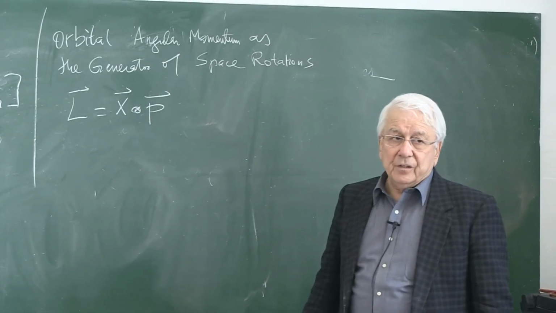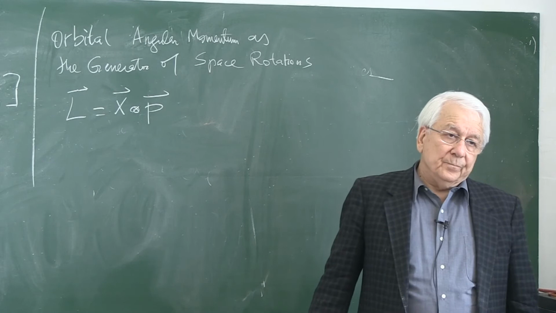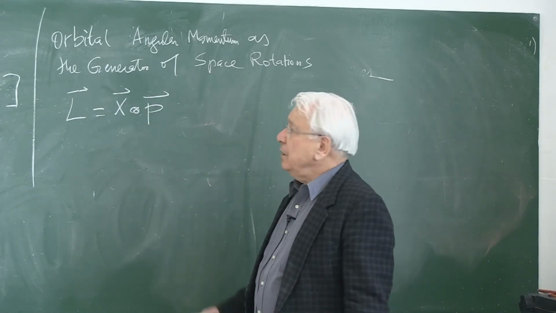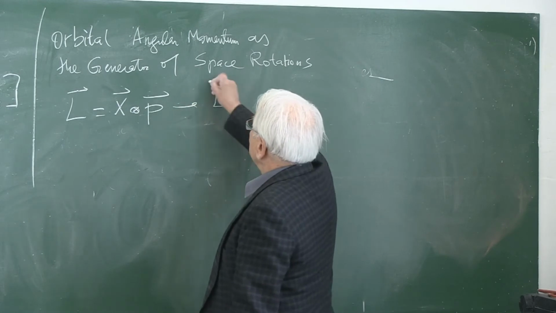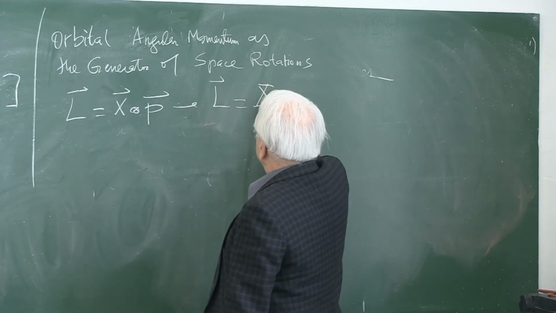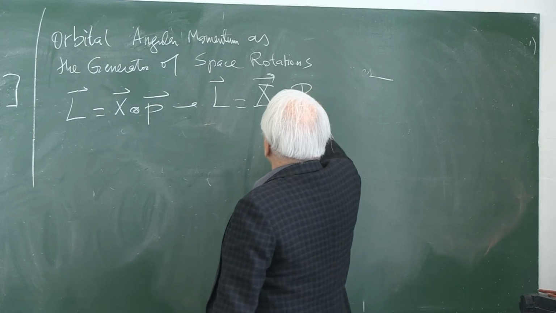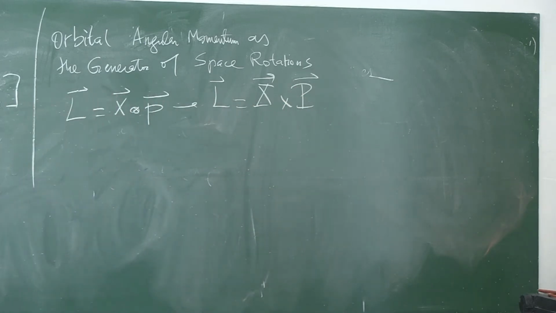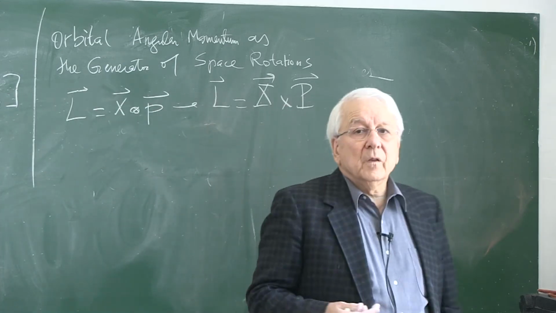When you replace them with the operators, x with the x operator and p with the p operator, then you go to the quantum mechanical. I stick to my old convention: when I use operators, I use capital letters, and the small letters are associated with their eigenvalues. That's okay. So this is the angular momentum.